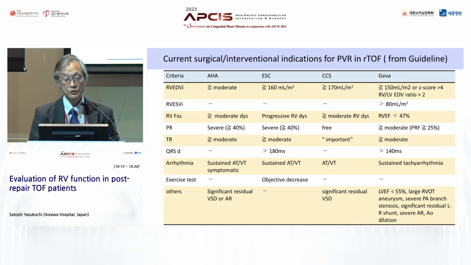So this is the current surgical and interventional indication for PVR, pulmonary valve replacement, in tetralogy of Fallot. Most reports use volumetrics: RV EDVI more than 150 to 170 ml per square meter, RV ESVI more than 80 or 90 ml per square meter, and RV ejection fraction less than 47%. These are all volumetric parameters.